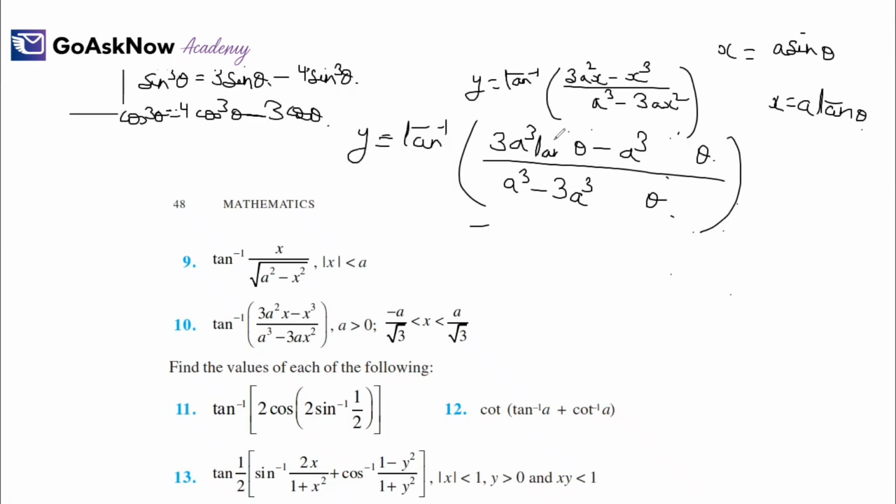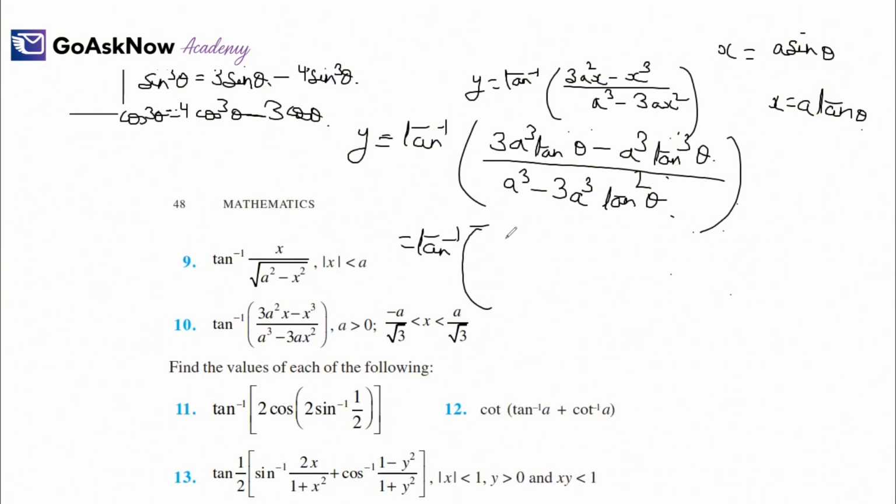It will become 3a cube tan theta minus a cube tan cube theta, and here also a cube minus 3a cube tan square theta. Now it will be clear to you that it is becoming tan 3 theta inside. It will come as tan inverse. A cube will cancel out in both numerator and denominator.